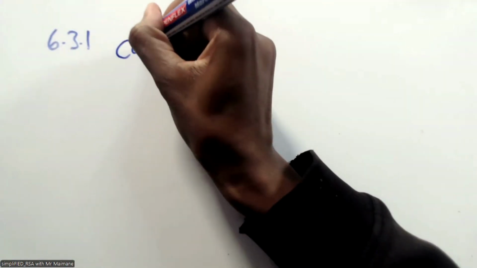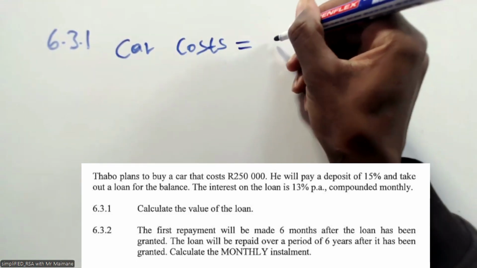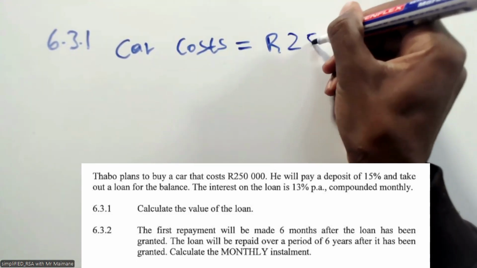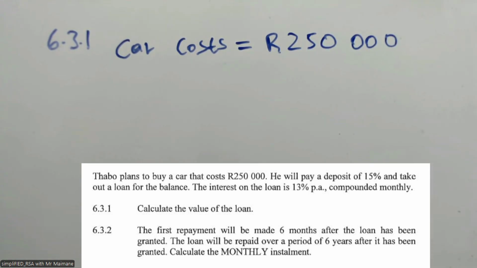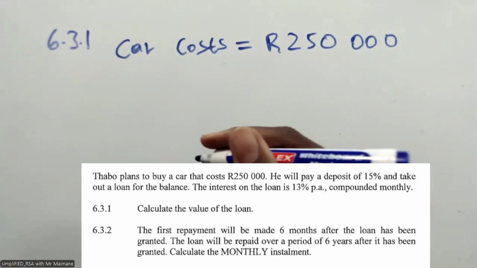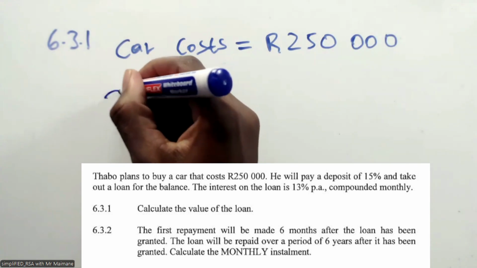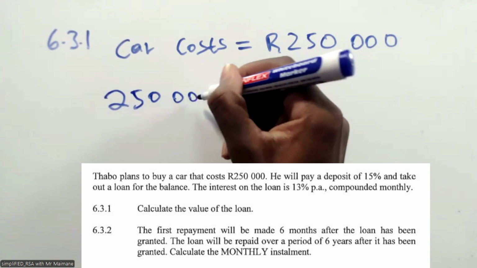So as we can see, the car costs 250,000. However, Thabo managed to pay 15% of the 250,000 as a deposit. Now, let's investigate what is 15% of 250,000.